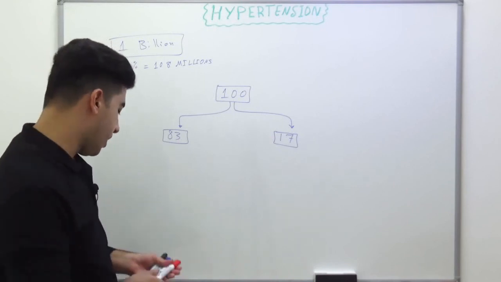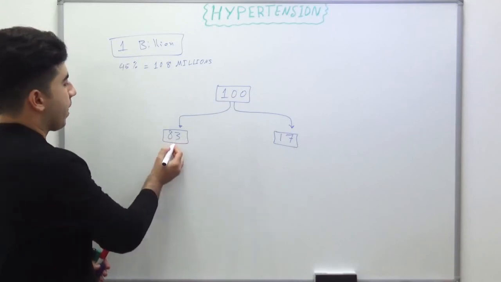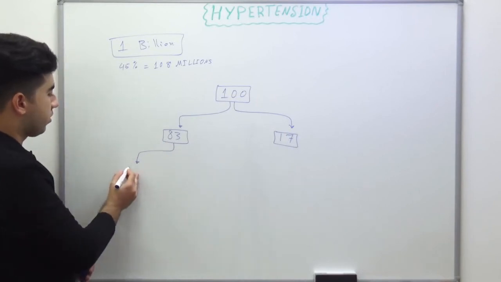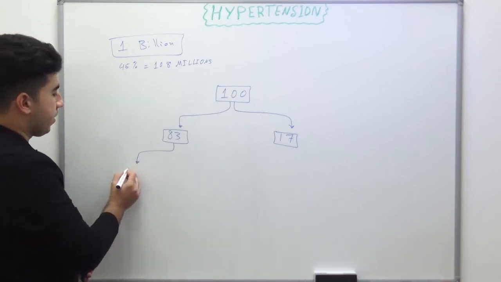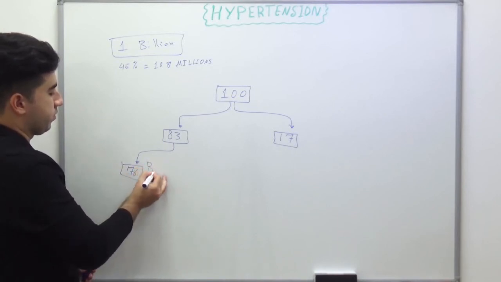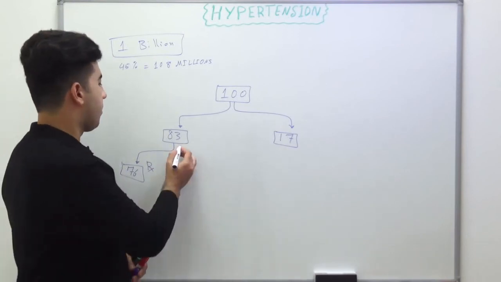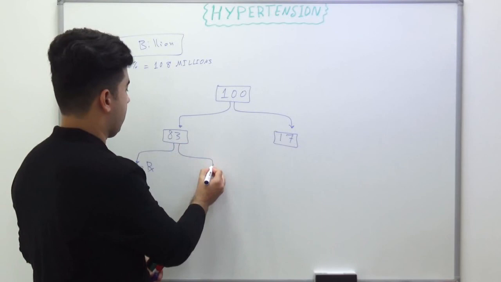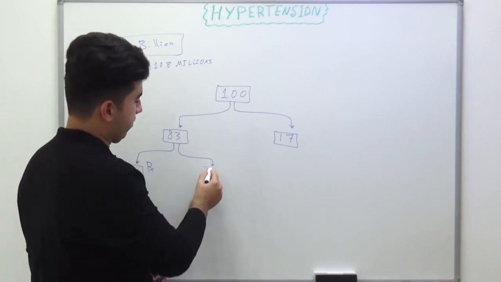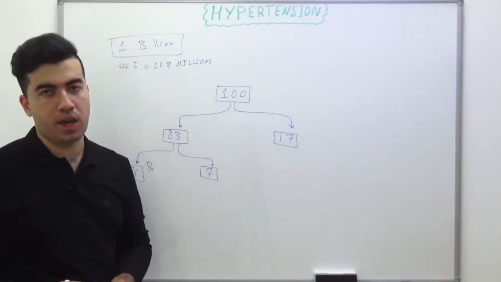Out of this 83%, let's say 76 are taking drugs, they are on antihypertensive drugs, but 71 of them are not on drugs. They have no effective treatment for hypertension.